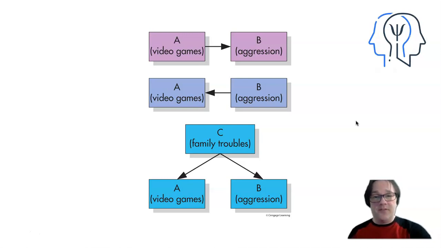So in this example, we have variable C, which is family trouble. So maybe some family dysfunction causes both more aggression in children and causes them to seek out these violent video games as maybe an escape from that dysfunctional family atmosphere, right?